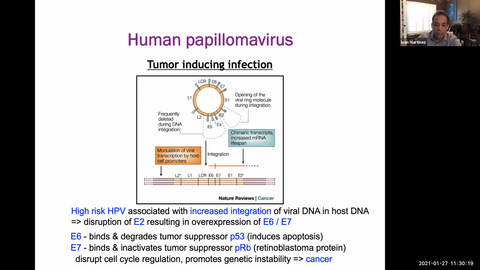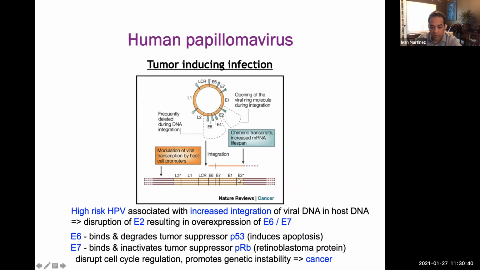And the way they induce or are involved in carcinogenesis is that you can see the genome of the virus is circular, but in the moment they infect cells, the cells become very genetically unstable. And then suddenly the virus sometimes integrates into the host genome.